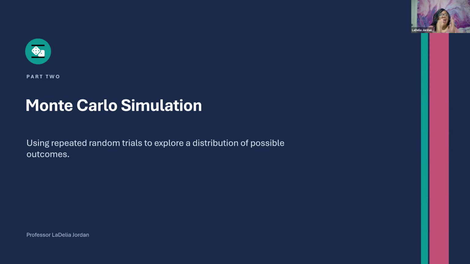Now, after we repeat the process many times, we can study the distribution of the results. And this gives us information about the expected outcome, the spread of the outcomes, and the possibility of lower or higher results.